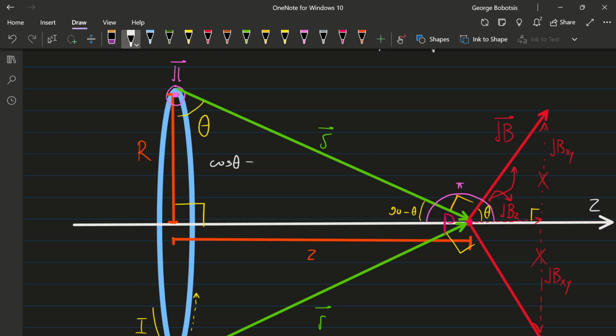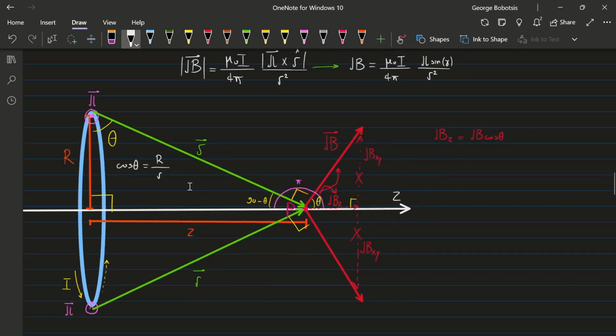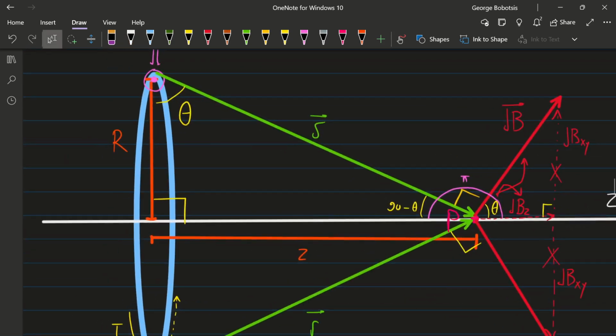Cos theta is adjacent over hypotenuse. Sure thing. All right. What's next? Well, what would be curly r? Curly r would be Pythagoras. You can go and do square root of r squared plus z squared, like that.